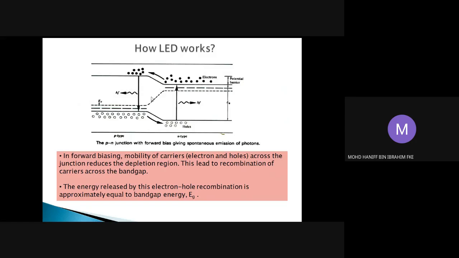The difference between the LED and the diode that we have learned in electronics is that this photon produced, which is equal to hf, will produce light, as opposed to the diode in electronics, where the energy produced will not emit light but will just produce heat.